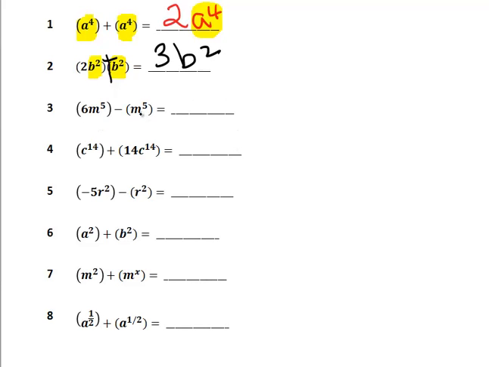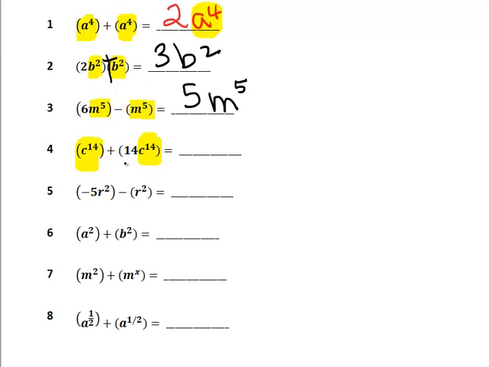Here's another one that's a subtraction problem. The first thing I'm going to check is to make sure I have matching terms, and I do. So 6 of those minus 1 of those would be 5 of those. Next one, do I have a match? C to the 14th, C to the 14th, good.